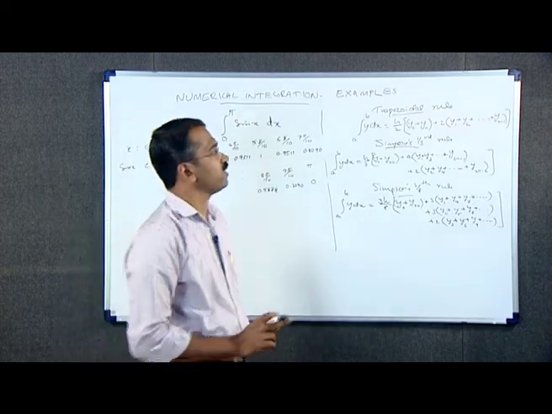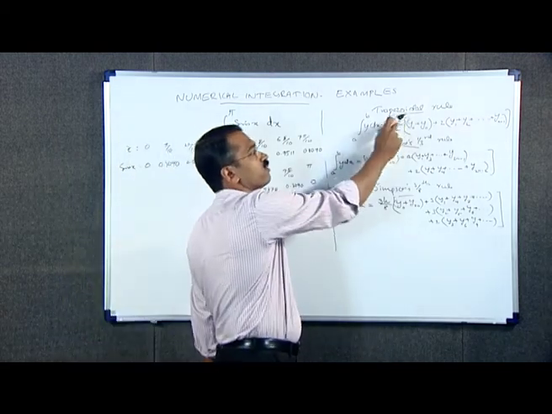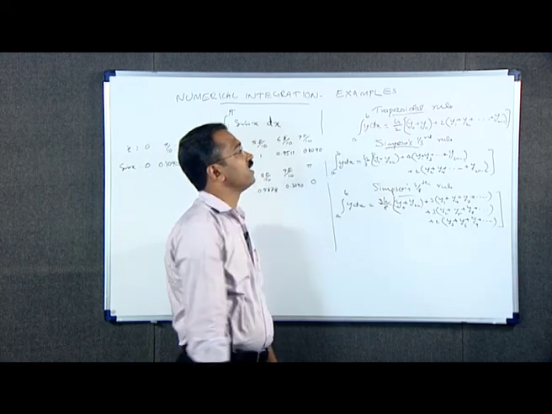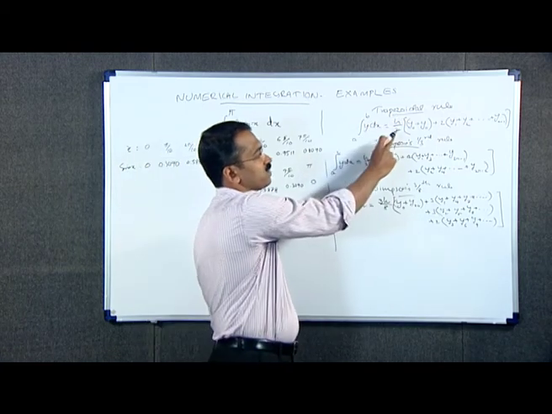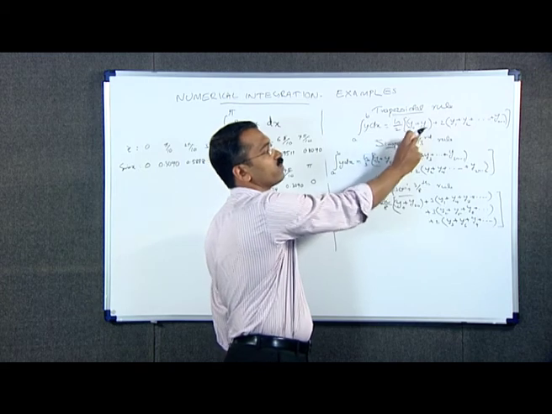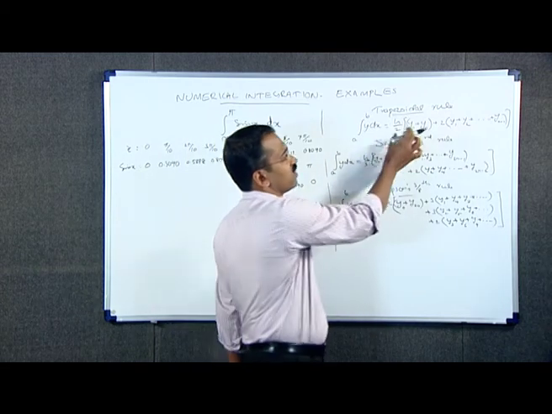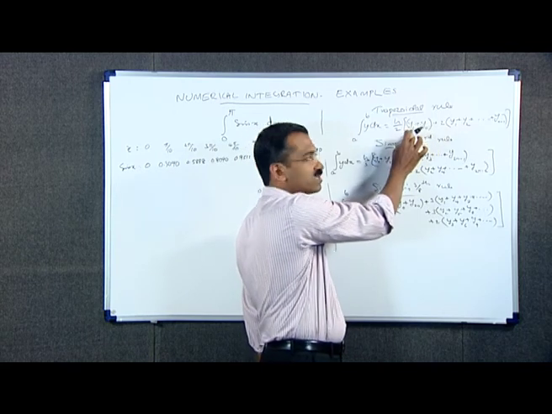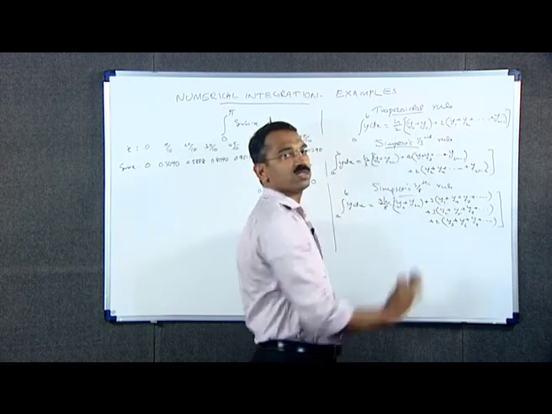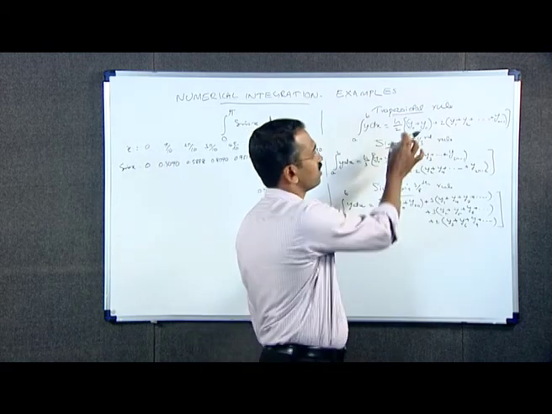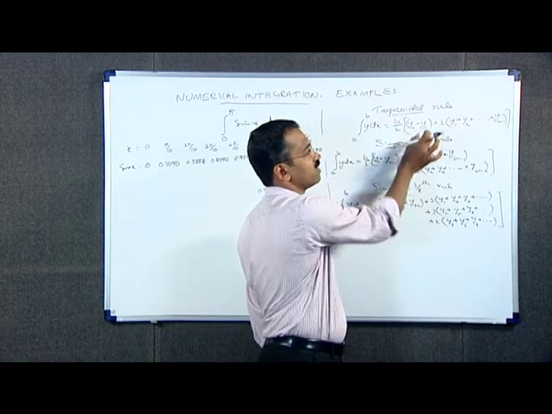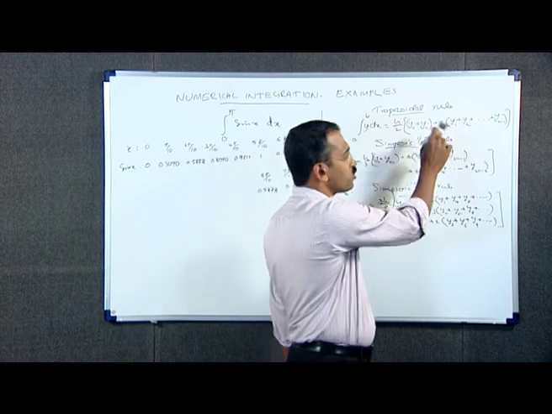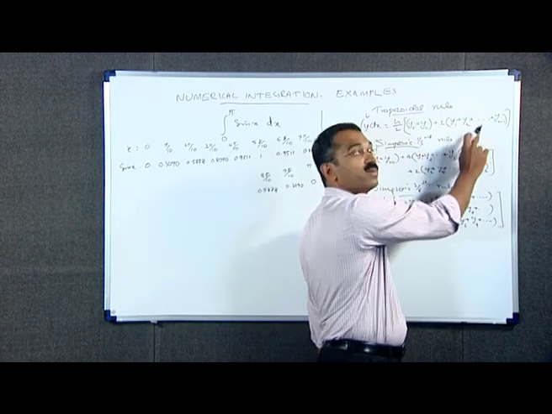Now, by the trapezoidal rule, the formula for integration is integral from a to b y dx is equal to h by 2 into y0 plus yn, that is h by 2 into the sum of the first and last ordinates, plus 2 times the sum of the remaining ordinates.